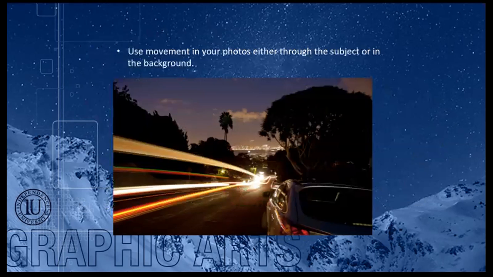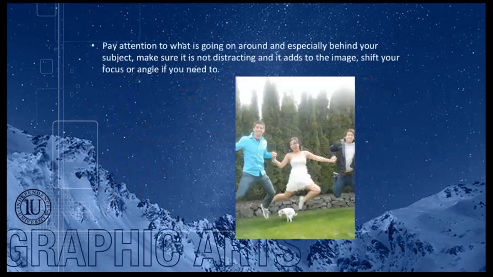So it's kind of interesting. But yeah, you can do all kinds of really neat things, showing movement, not just with lights, but with people, animals, if it calls for that.